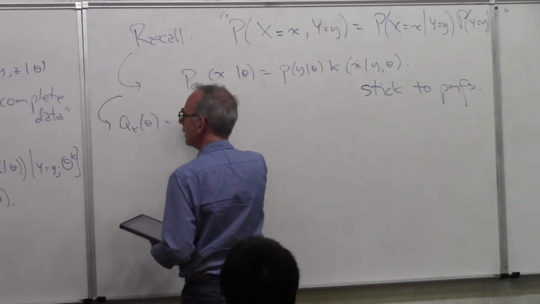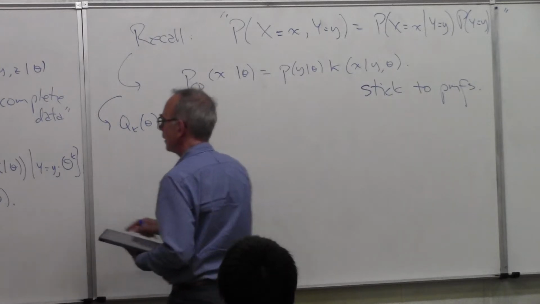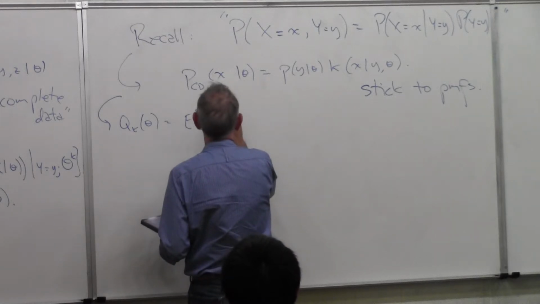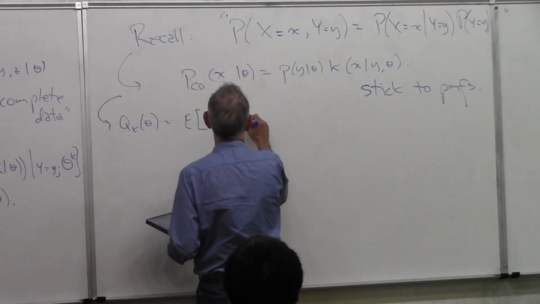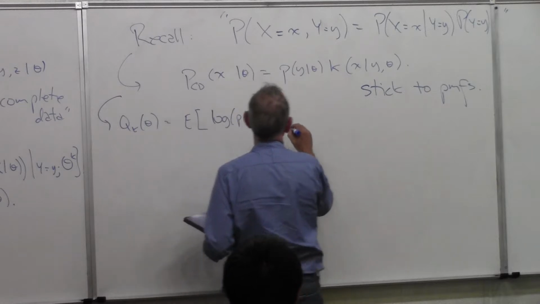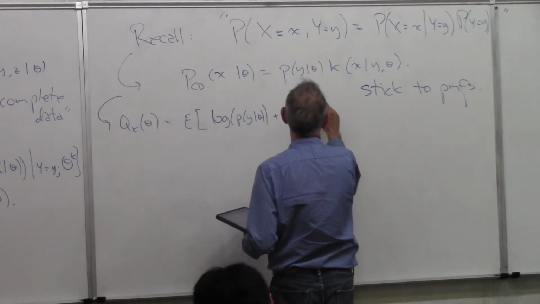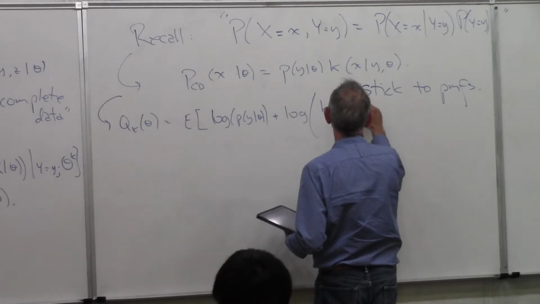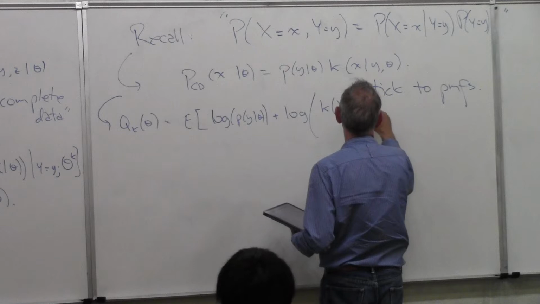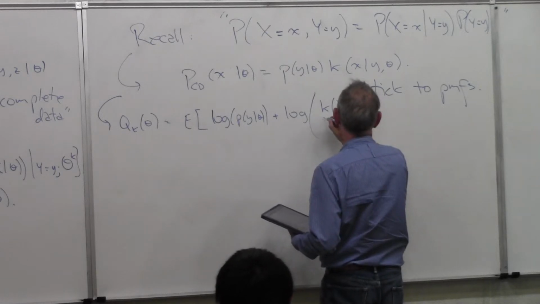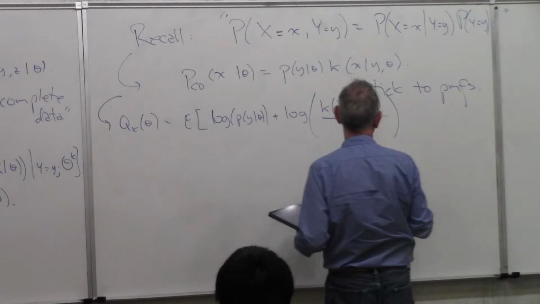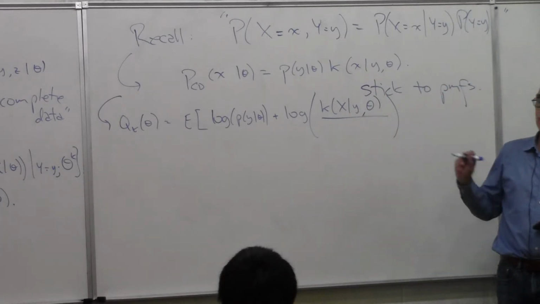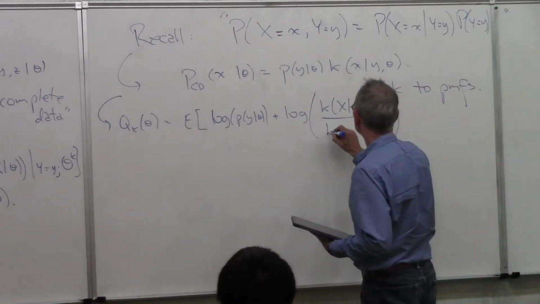So I get the expectation of this log, now it is the log of this. It turns into a sum. This is correct if I put a 1 there, but I'm going to divide by this.